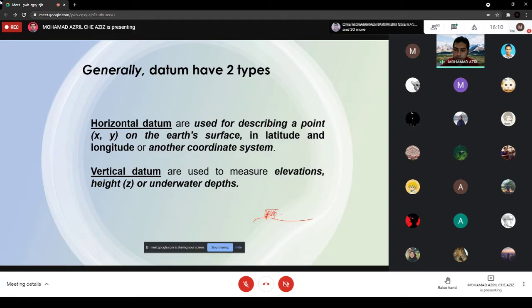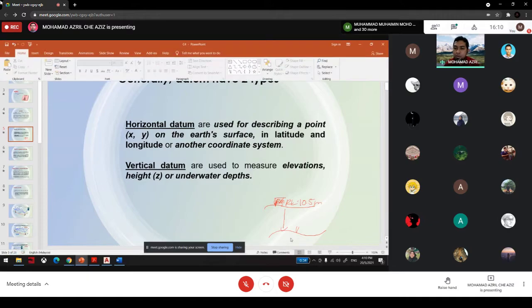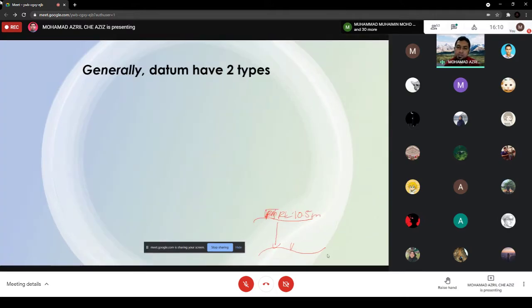Dekat sini akan ada nilai RL, example 10.5 meter. So this 10.5 meter refers to the datum, the vertical datum. Okay, the vertical datum in engineering we call mean sea level.